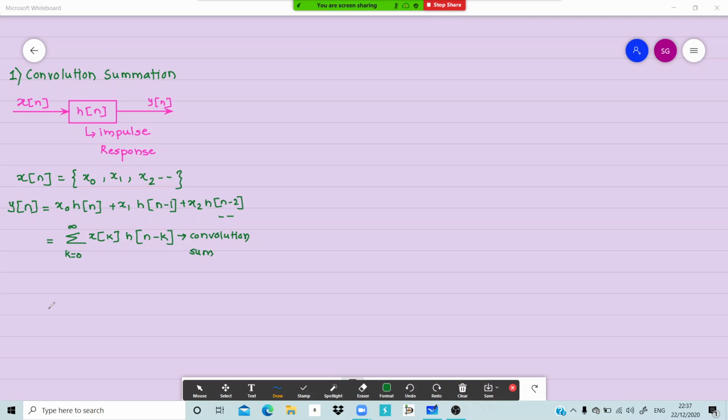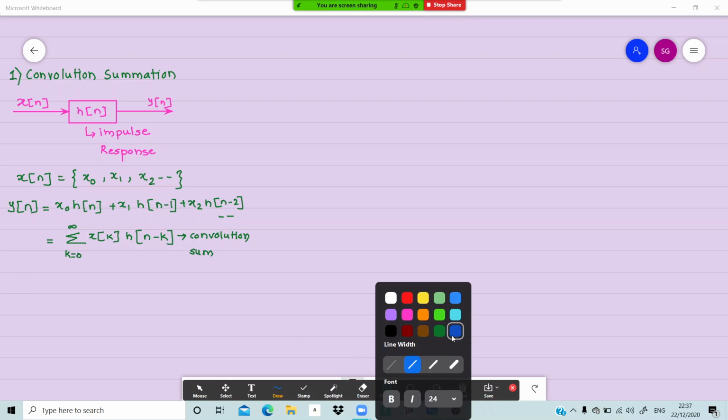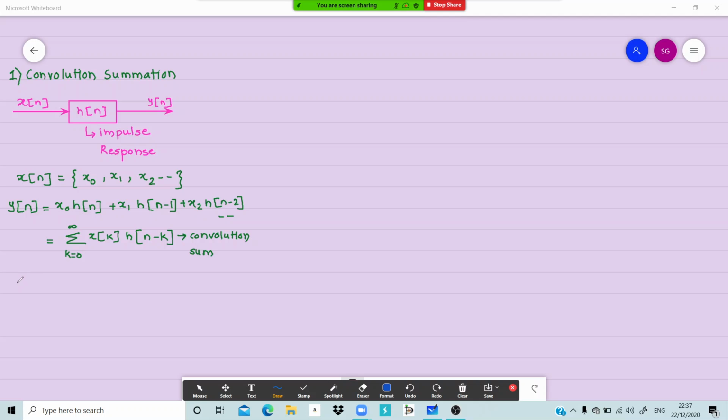Now we'll take one or two values and try to see this convolution sum, whether it is just a multiplication or something else. So I'm just taking an example. Let us say x n that you are having is 1, -1 and 2.